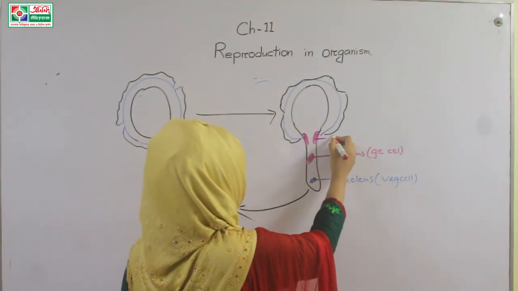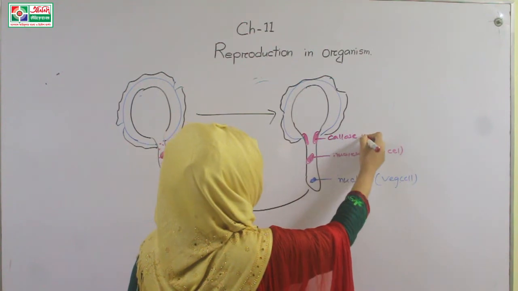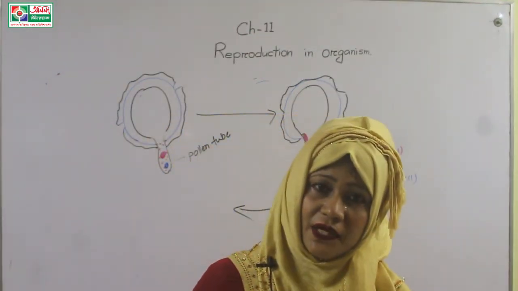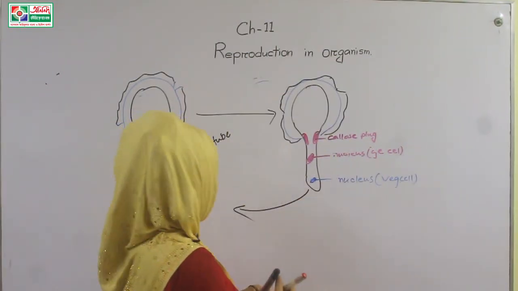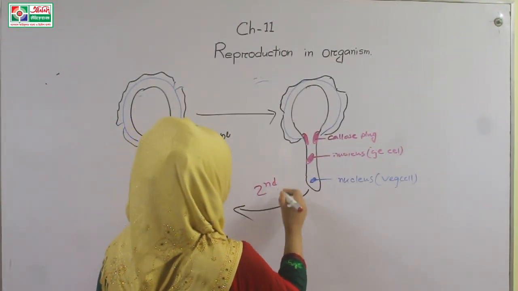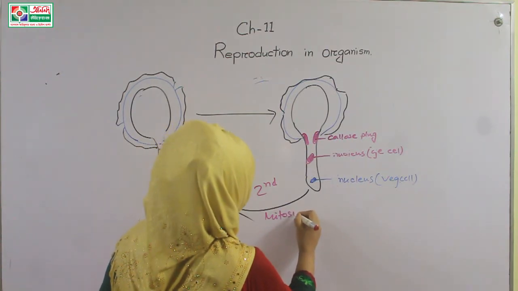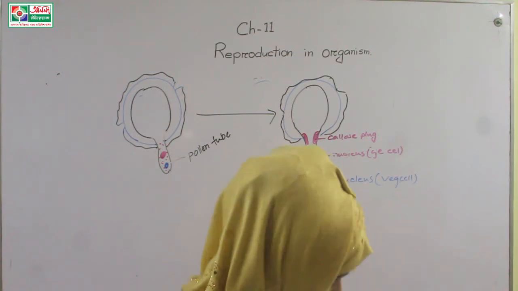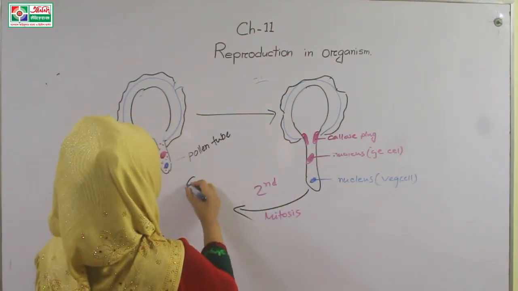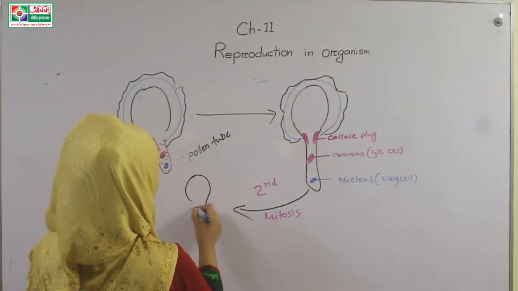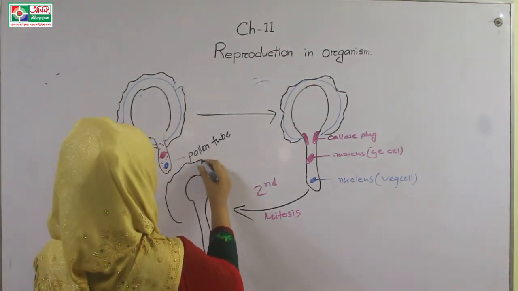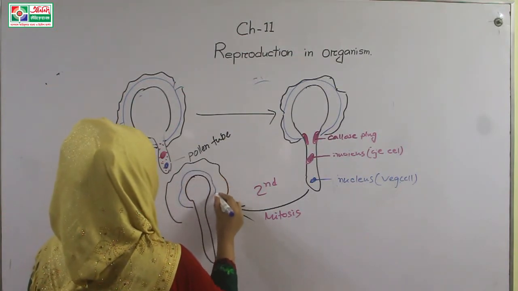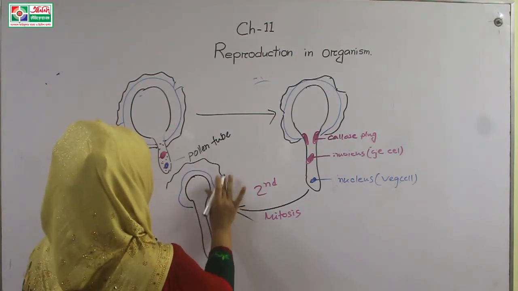The callus plug is made to prevent the backflow of the material. Now, second mitosis will take place, and from the law of mitosis, you know that from one cell we get two cells.